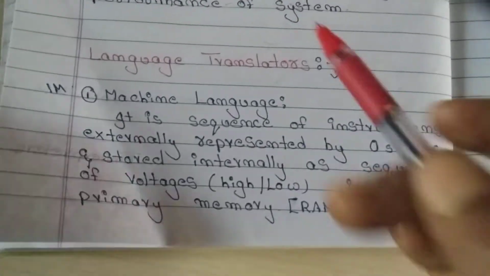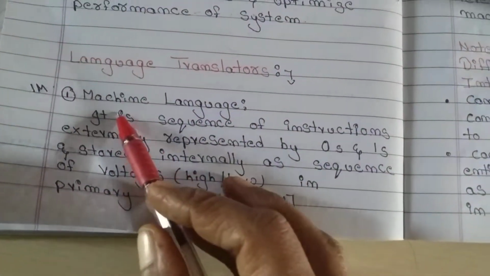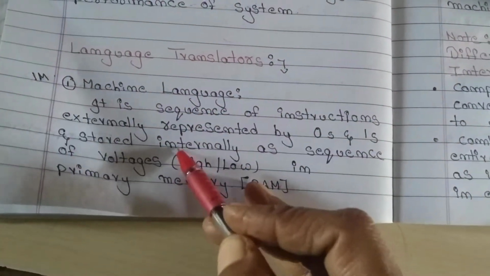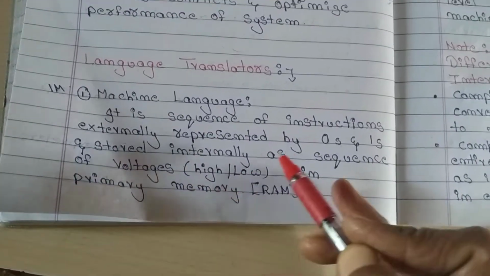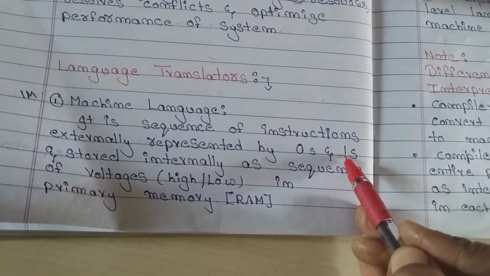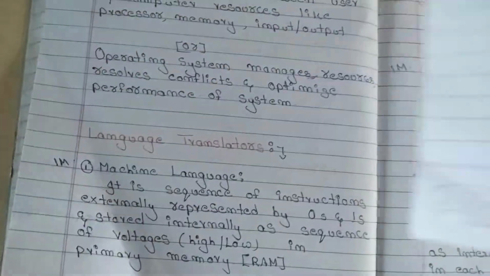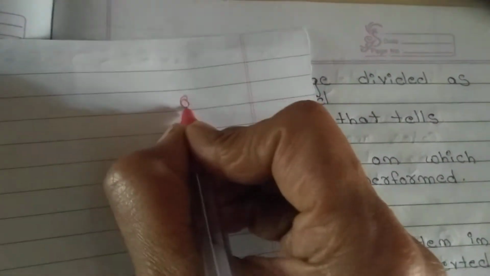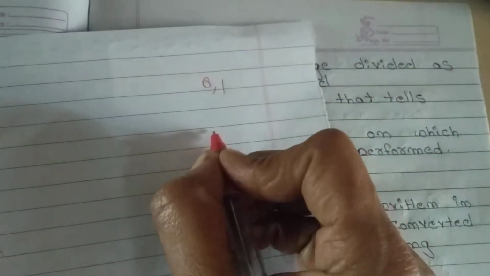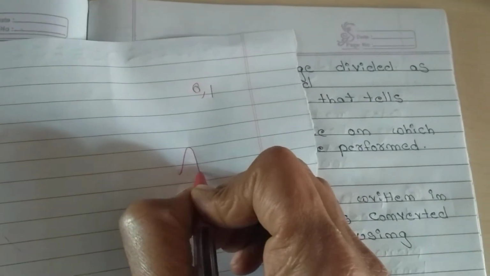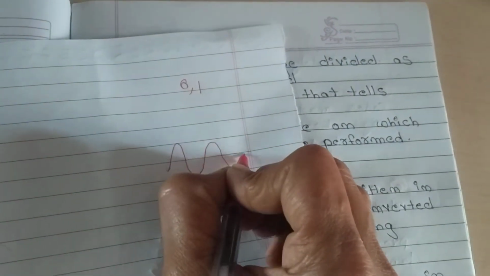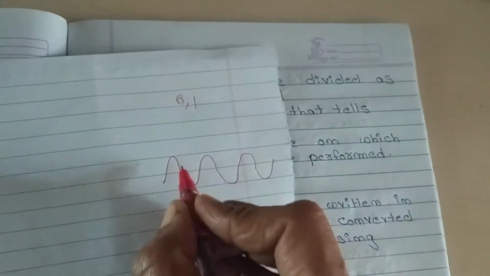Next one is language translators. What is machine language? If we write a program entirely in the form of zeros and ones, it is machine language. Internally, everything is stored in electronic devices in the form of voltages.